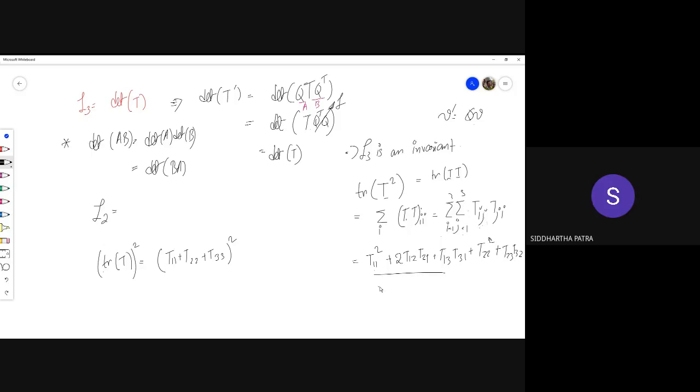Yes sir. But the next term is t31 t13, which is basically this. Yes sir. And the next term is t32 t23, basically this. And then plus t33 square. Okay. And now if I do this quantity, trace of t squared, can you tell me what's the expression that you are getting?